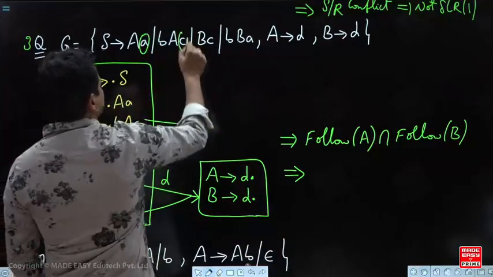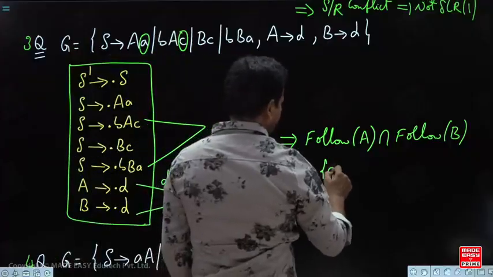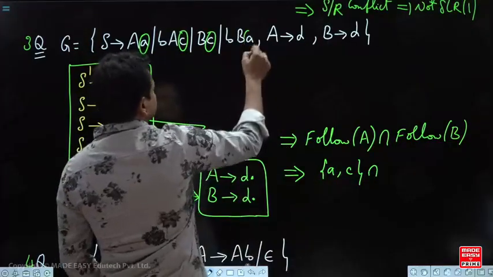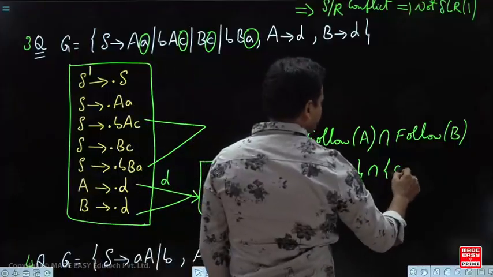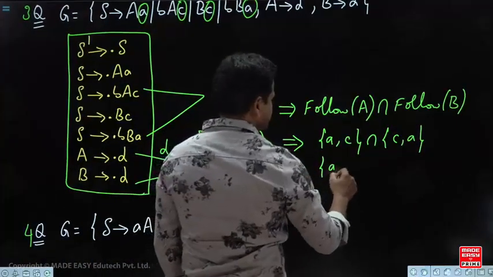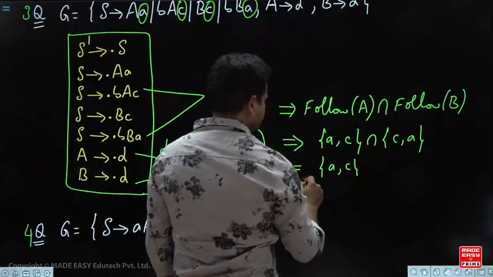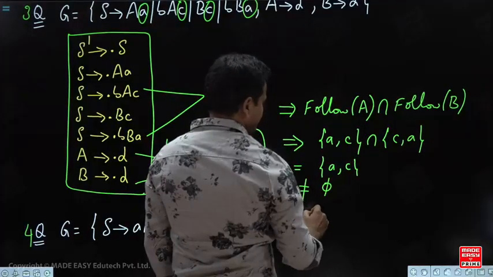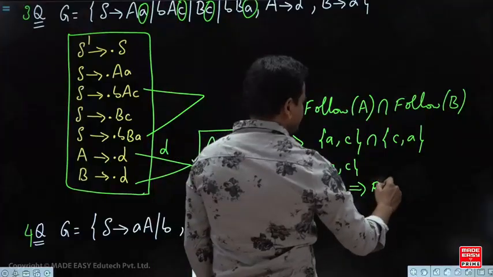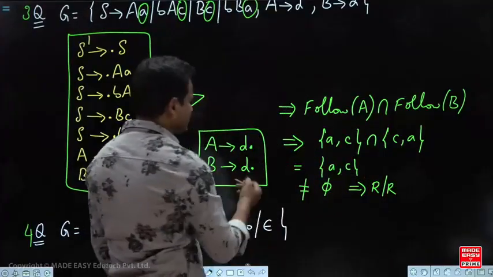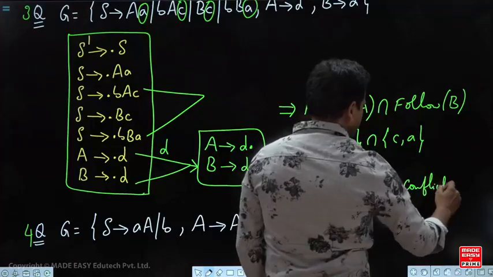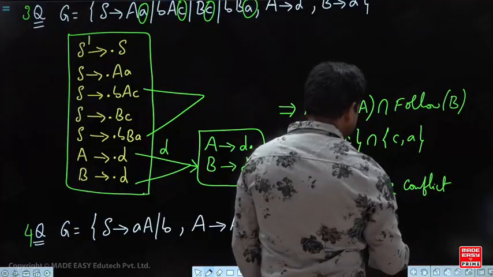Follow of A is A and also C. Follow of B. Follow of B is C and also A. So what is the intersection here? AC intersection CA is AC. So intersection is not empty. Whenever not empty implies what? Implies reduce. Why is it reduce? Two final items. Reduce conflict. Implies not SLR of 1.